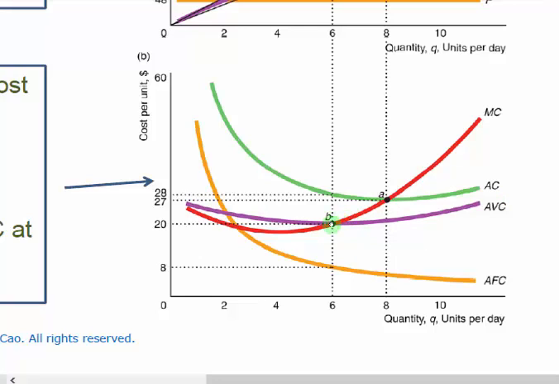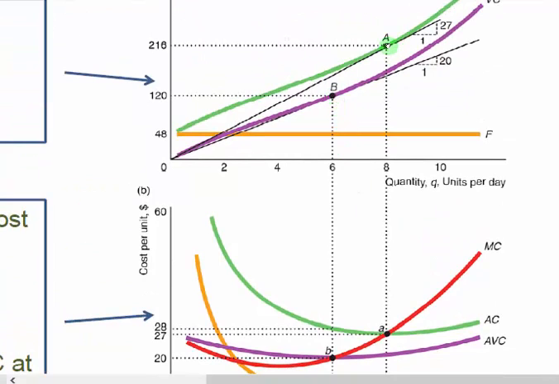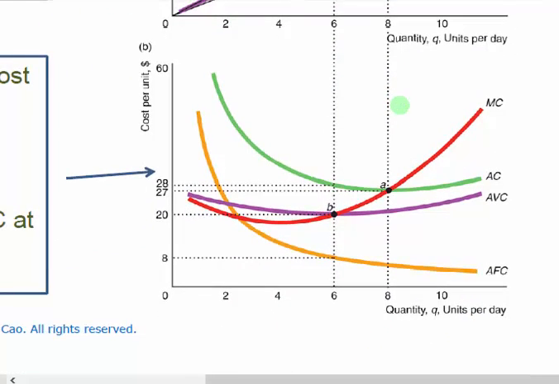Okay, at point B, the marginal cost curve crosses average variable cost, and at point A, the marginal cost curve crosses the average total cost. So just because these straight lines have dual roles, they have a dual interpretation. It's both a radiant and a tangent. All right. So this is the relationship between the cost curves.